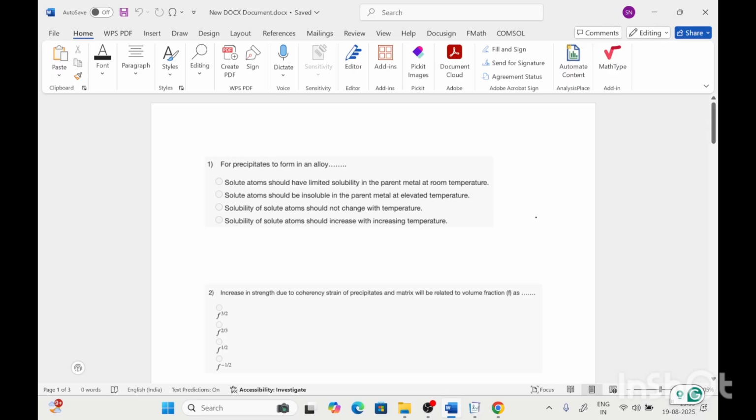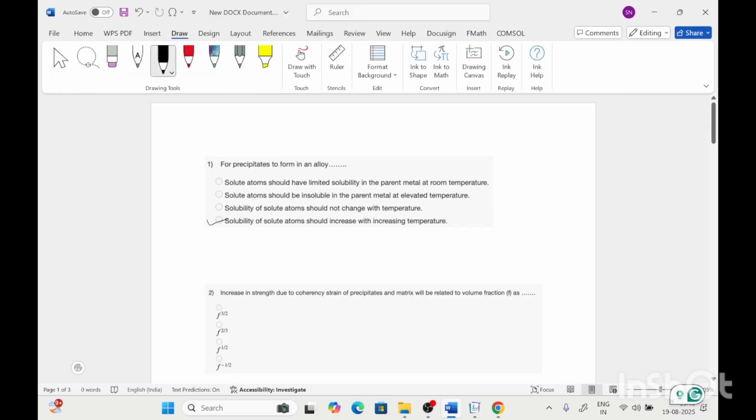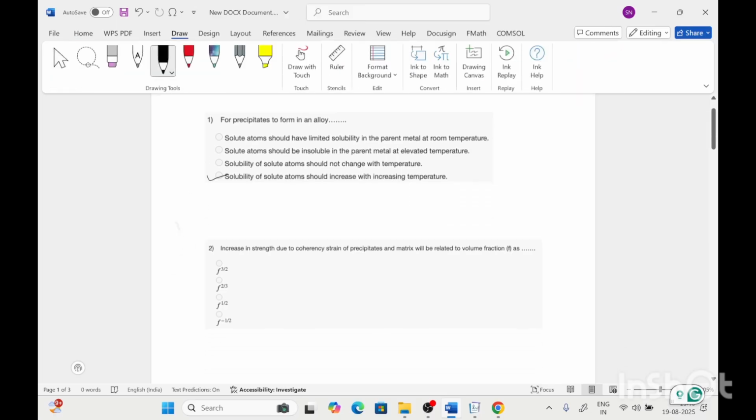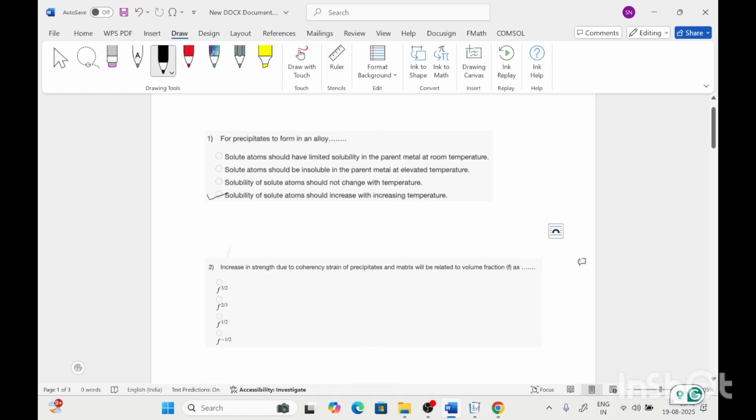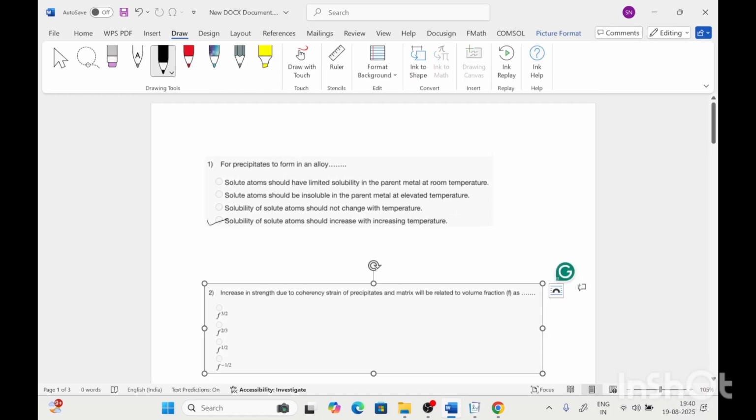Should increase with increasing temperature? Yes, D option is correct. Because we first form the supersaturated solid solution, so the solubility should increase with increasing temperature, then only we will be able to achieve the supersaturated solid solution state.